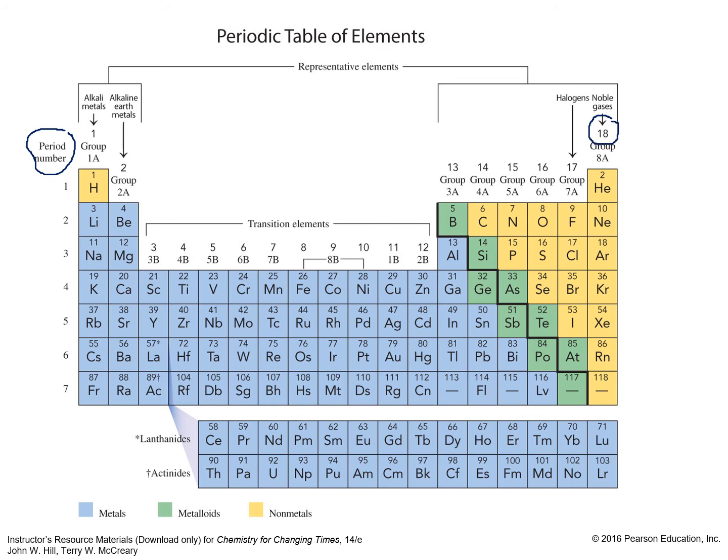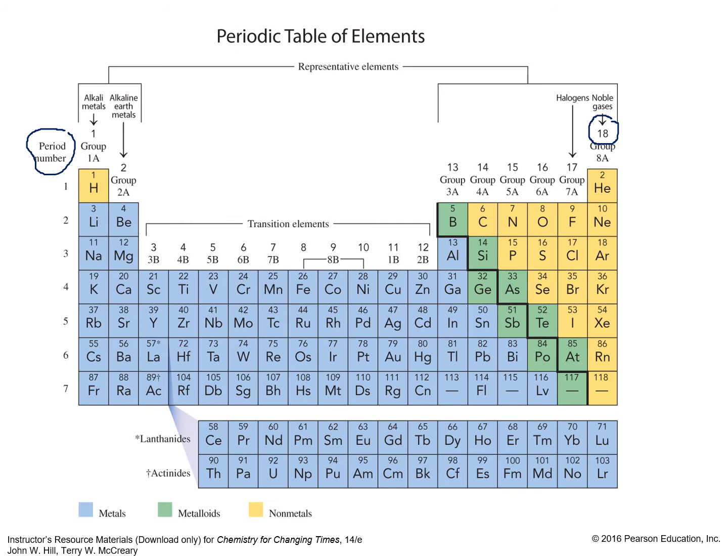Earlier they were also subdivided as A and B depending on where in the periodic table you put them. So there are 7 horizontal rows and 18 columns which are referred to as groups.